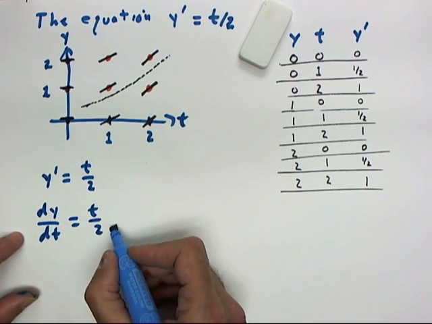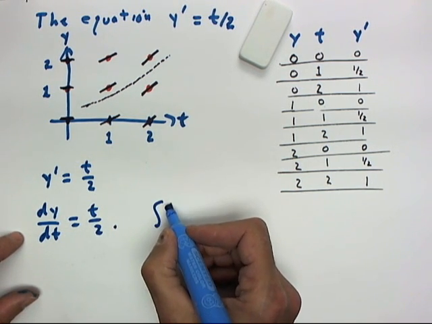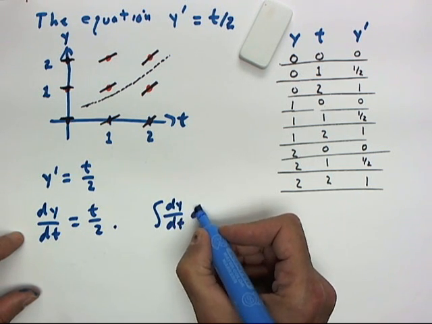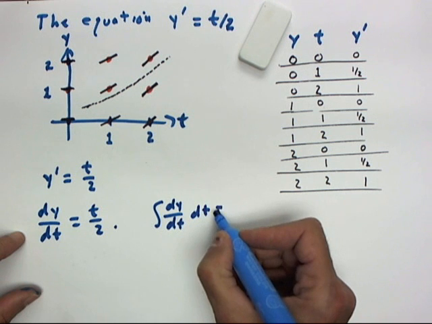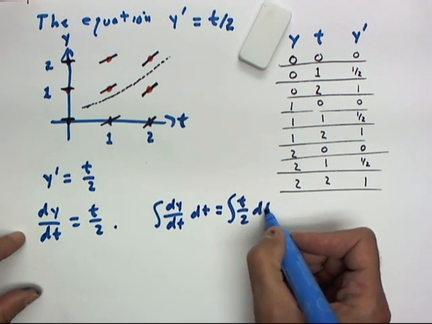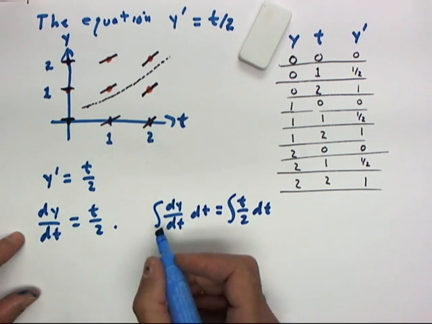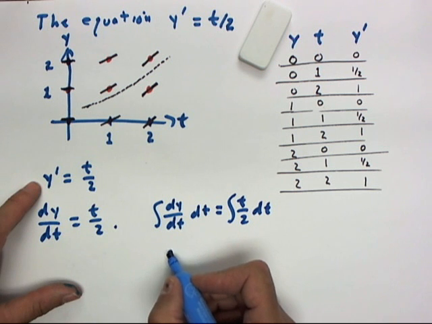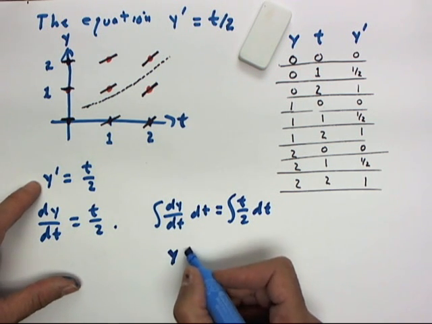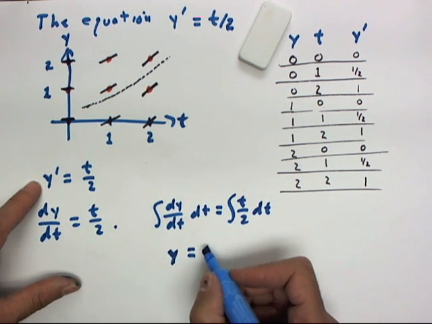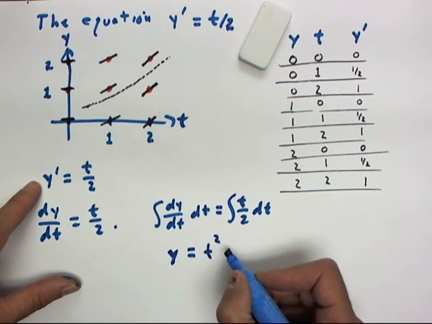Now, if we integrate dy dt with respect to t, and if over here we integrate t over 2 with respect to t, we find that the integral of dy dt with respect to t is just our function y. And the integral of t over 2 with respect to t is t squared.